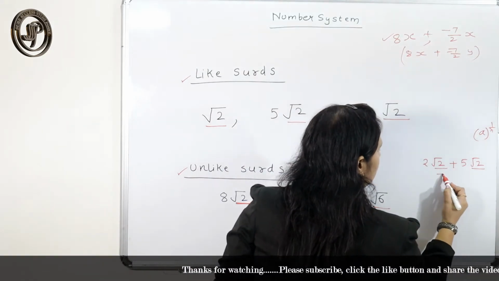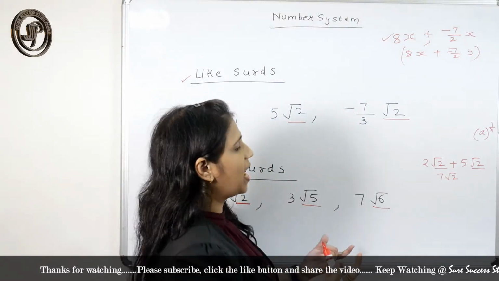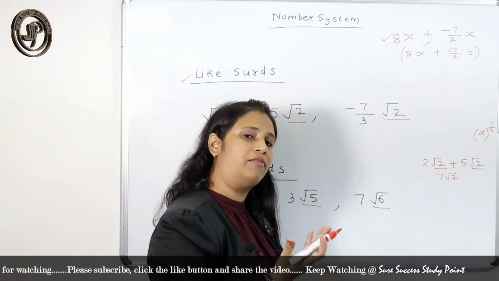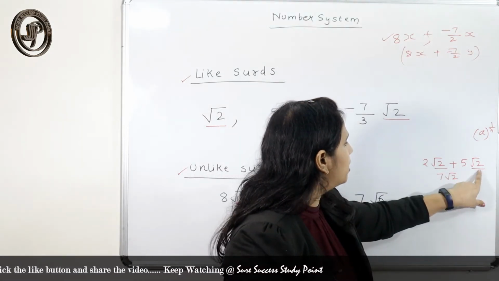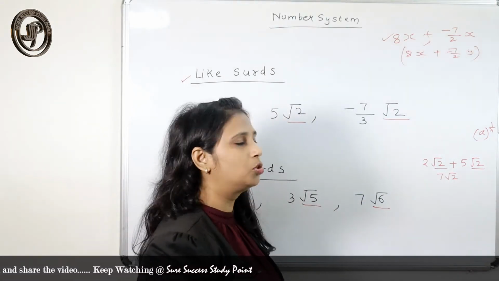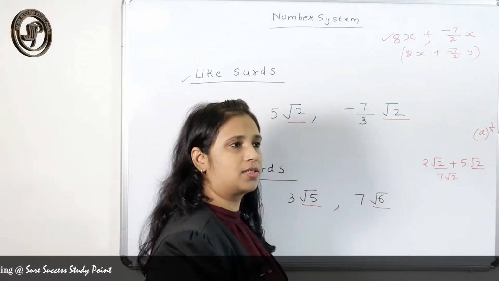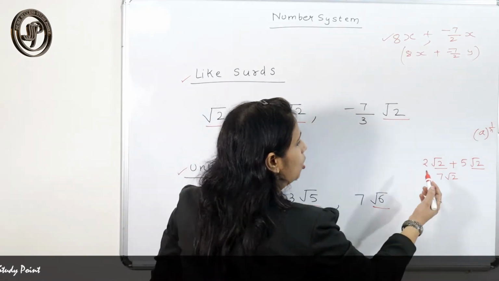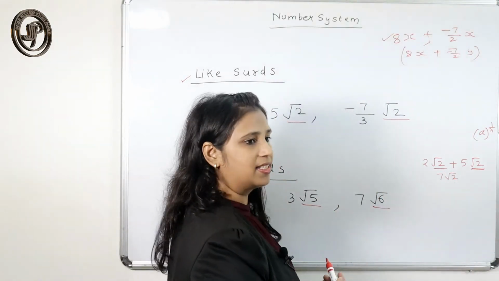So here it is 7, you can add them. Same way you add 2x plus 7x. Don't do the operation that some students do, like root 2 plus root 2 becomes root 4. You just have to write the root as it is.